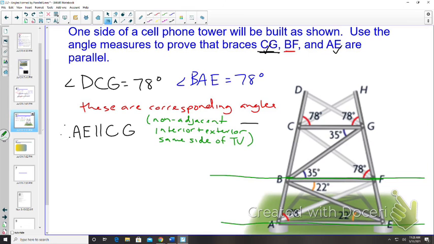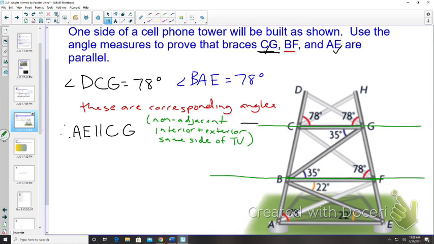Oh no, our transversal would be C and G. So I did B and F and C and G. I did these guys up here.